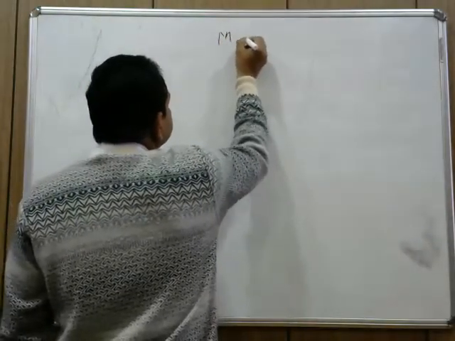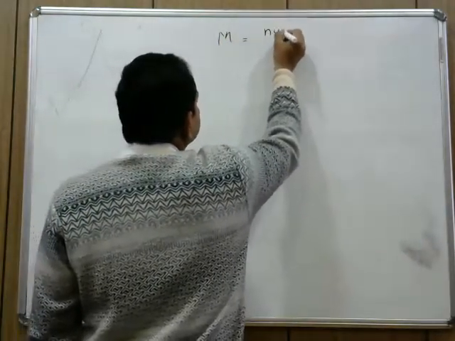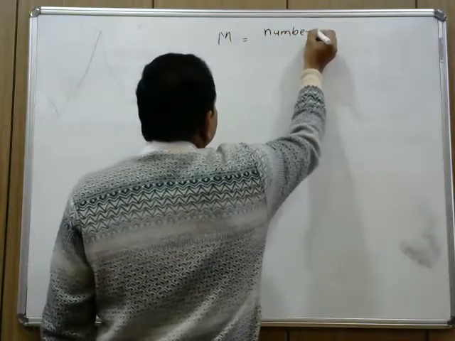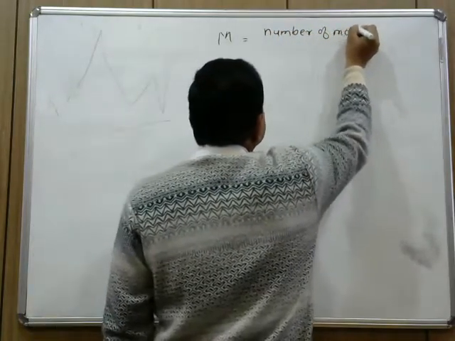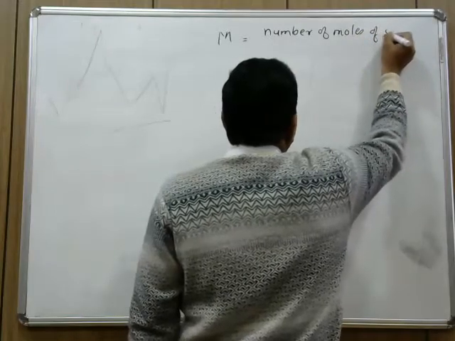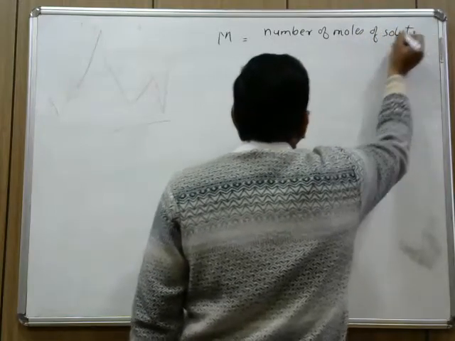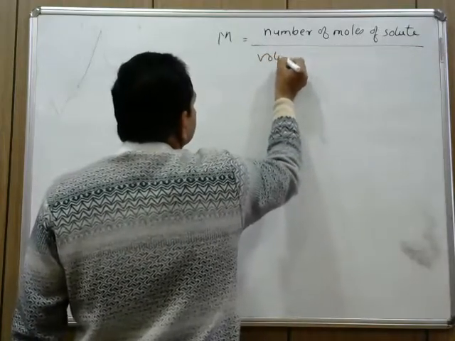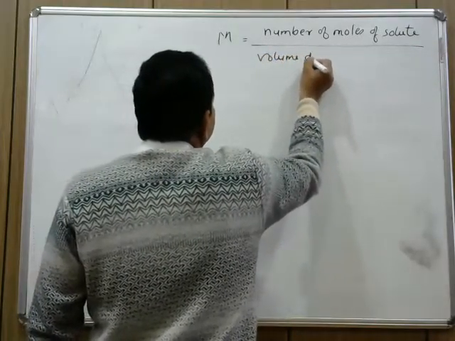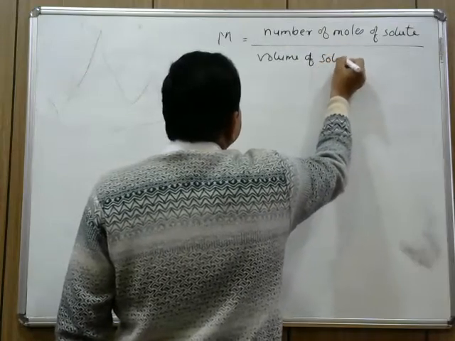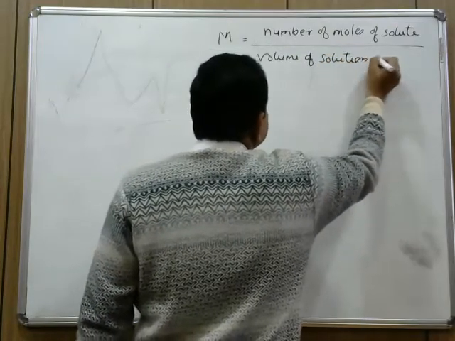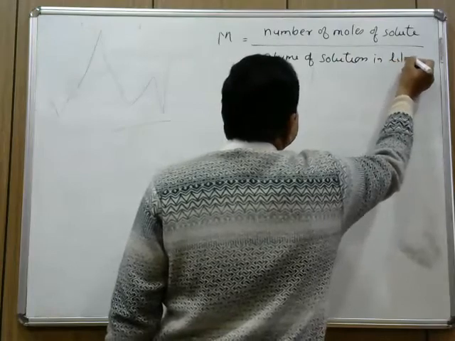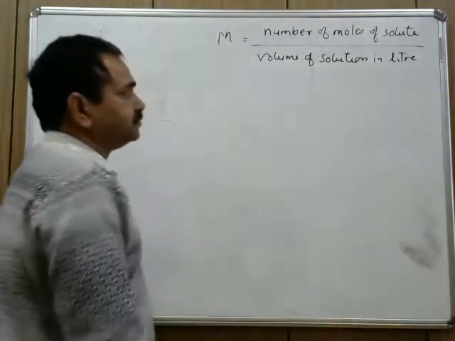Molarity M is given by total number of moles of solute divided by volume of solution in liters.